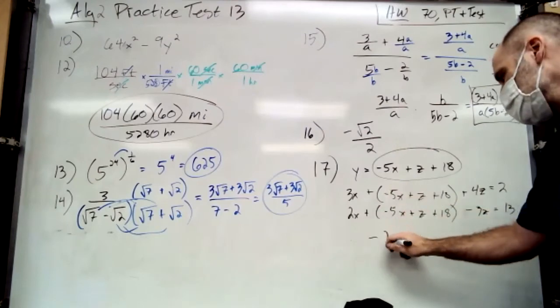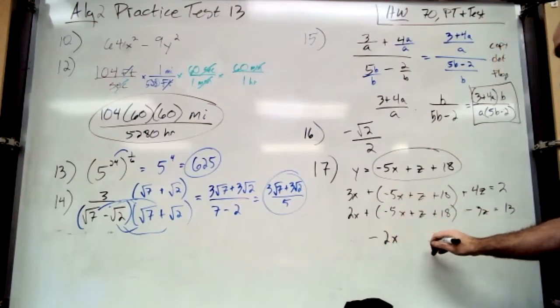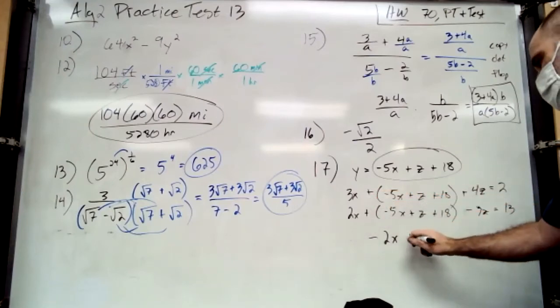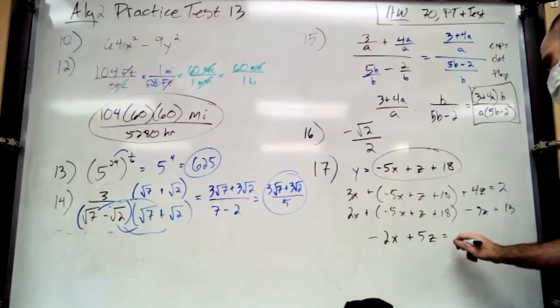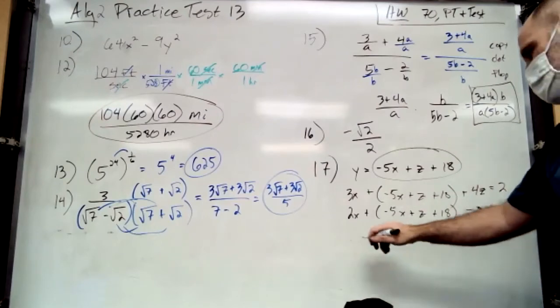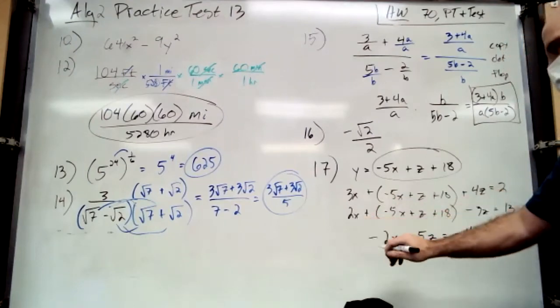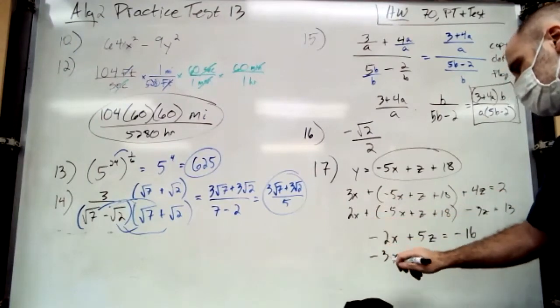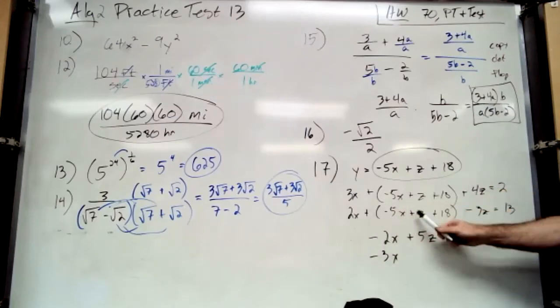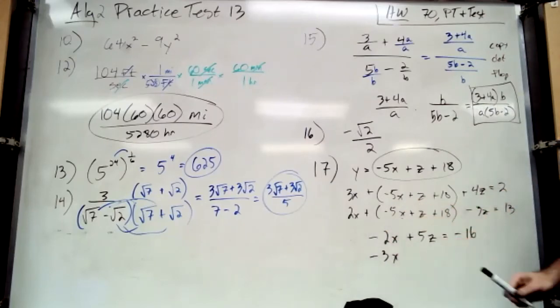We get negative 2x, and then you've got a z and a 4z, so 5z equals, bring that 18 over, and it's negative 16. Combine the 2x and negative 5x, so negative 3x. Those parentheses are now confusing, aren't they? Because it looks like we're distributing, but we're not. It's just being added.